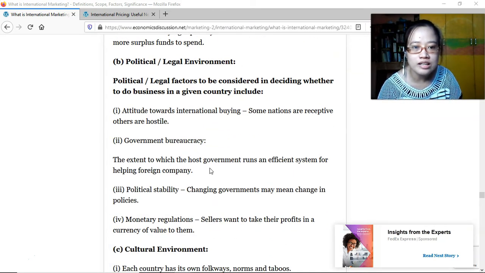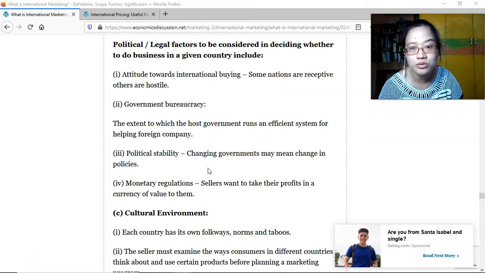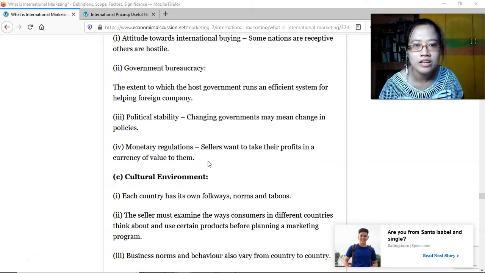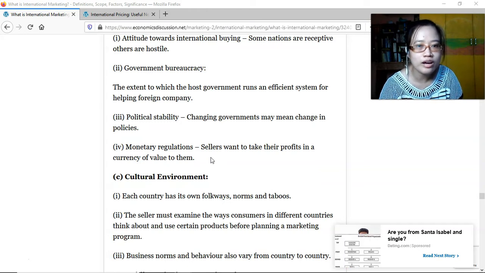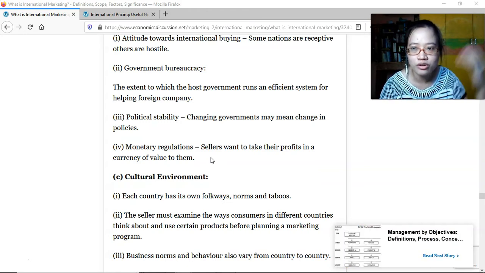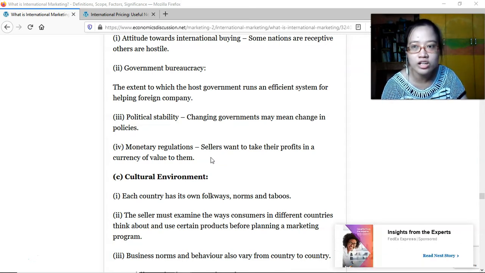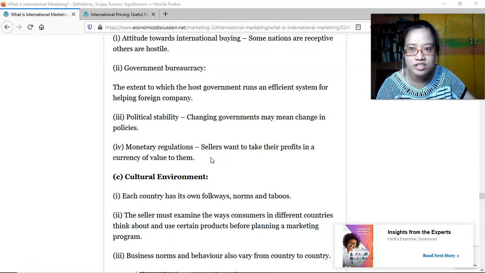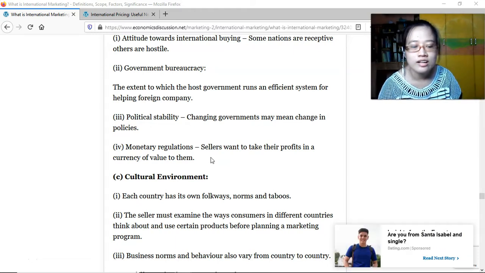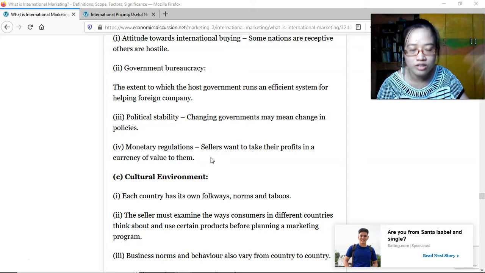Government bureaucracy: the extent to which the host government runs an efficient system for helping foreign companies. Okay. Some countries have very strict rules for foreign investments, and so it could dissuade them from continuing, but other countries are very welcoming, especially the smaller countries that are trying to attract businessmen, investors, companies.